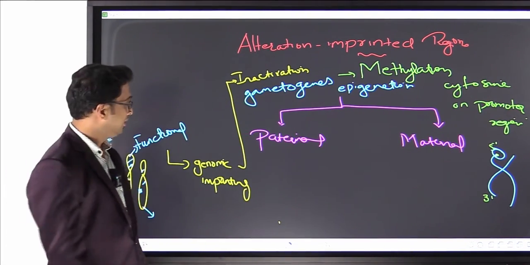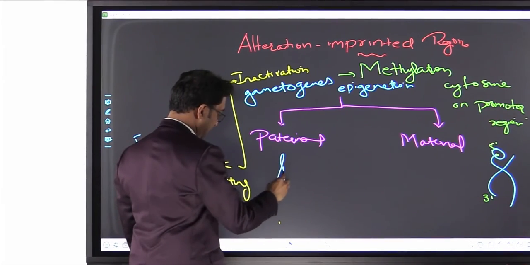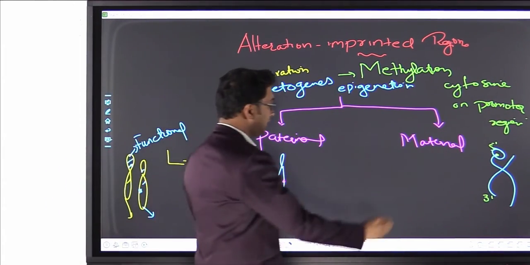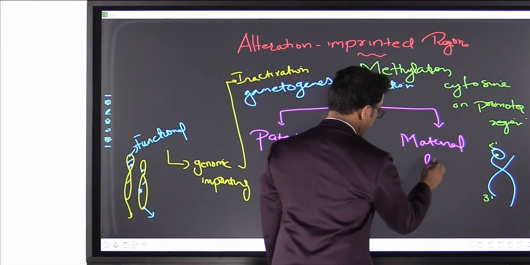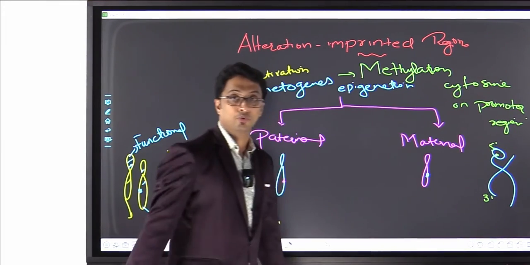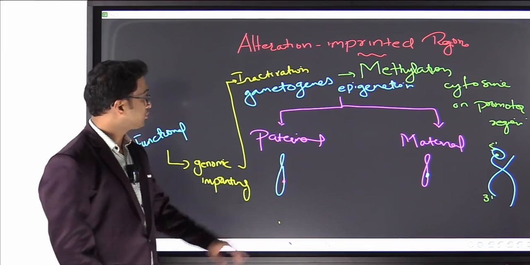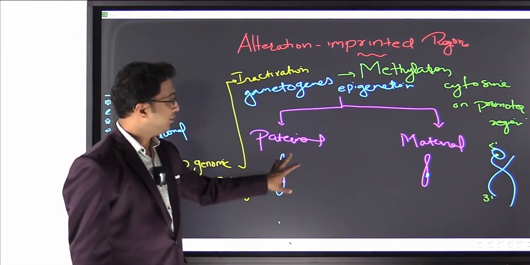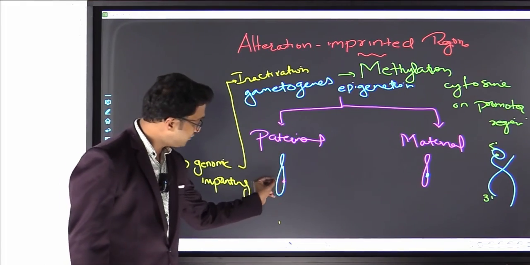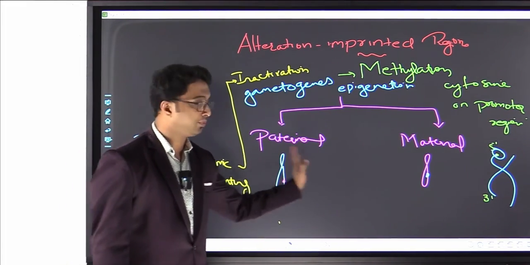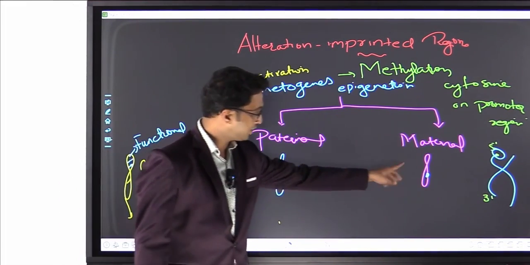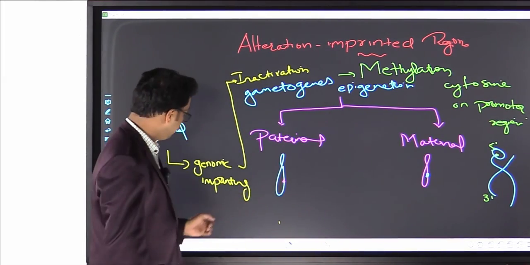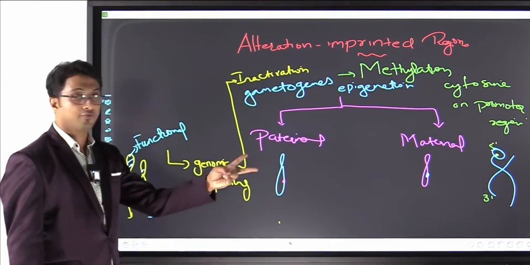Silencing of a region in father's chromosome, or silencing of a region in mother's chromosome. So it's called paternal imprinting and maternal imprinting, and the disease is seen in both. Same chromosome: one region is inactivated and transferred, causing a disease; this region is inactivated, causing a different disease.